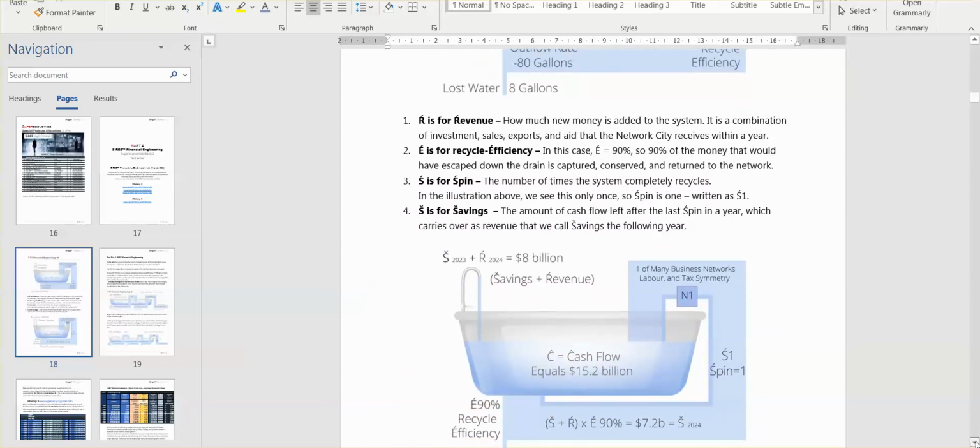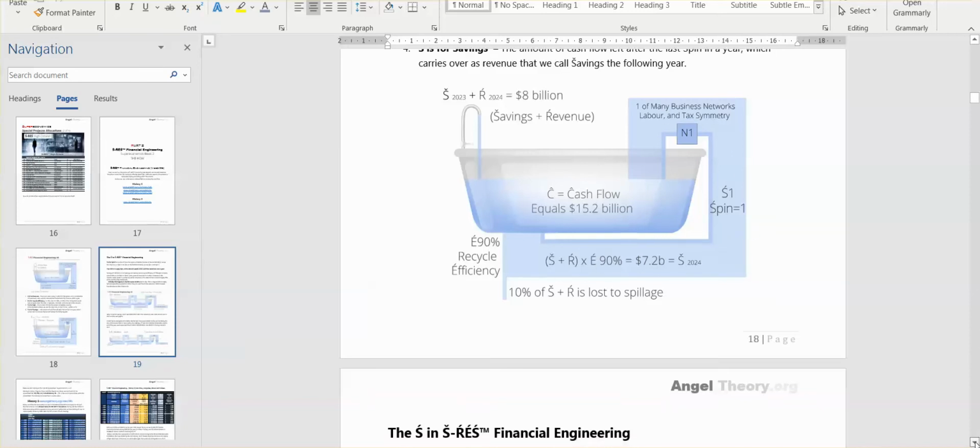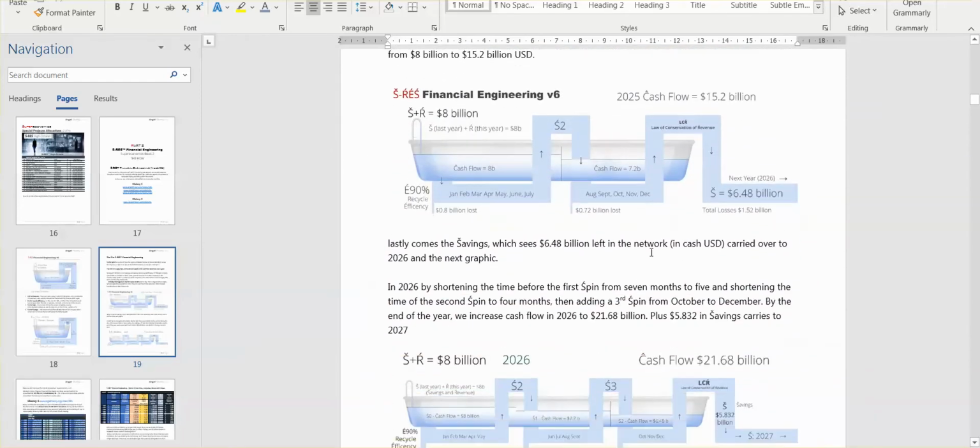We're going to go straight to this graphic, which shows it a little more, doing the same thing, but it's doing what we call a spin, because the cash flow is spent twice, but that will come across in the figures.